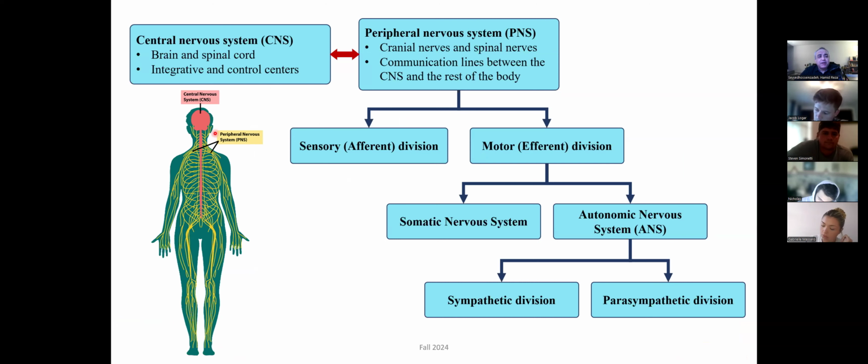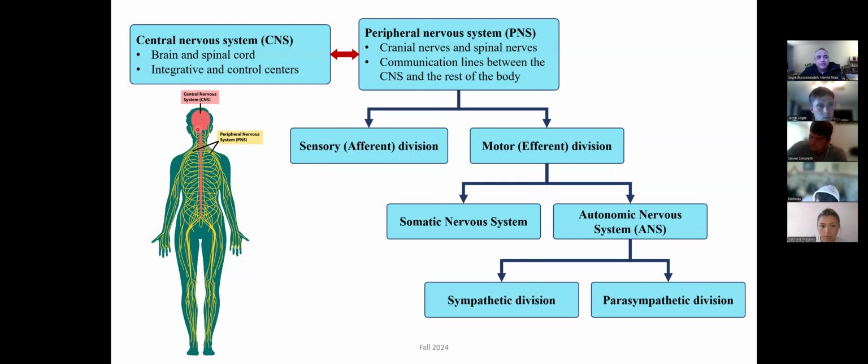All the processing in our nervous system happens in a part called the central nervous system. The central nervous system is formed by the brain and the spinal cord. Outside the brain and spinal cord, whatever nervous tissue we have is called the peripheral nervous system.